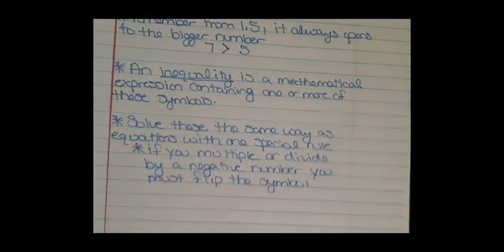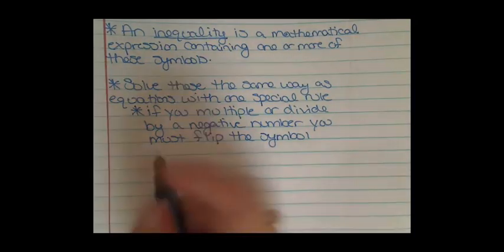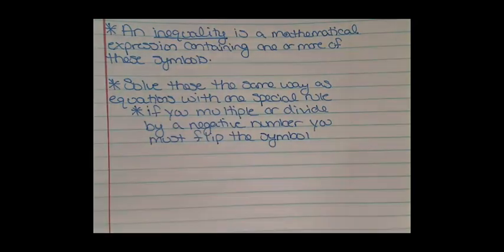This is very important, and it's one of the things that a lot of people will forget to do. So I would star this, highlight this, circle this, whatever you need to do in order to remember that. And I'm going to do an example right off the bat so you know what I'm talking about.